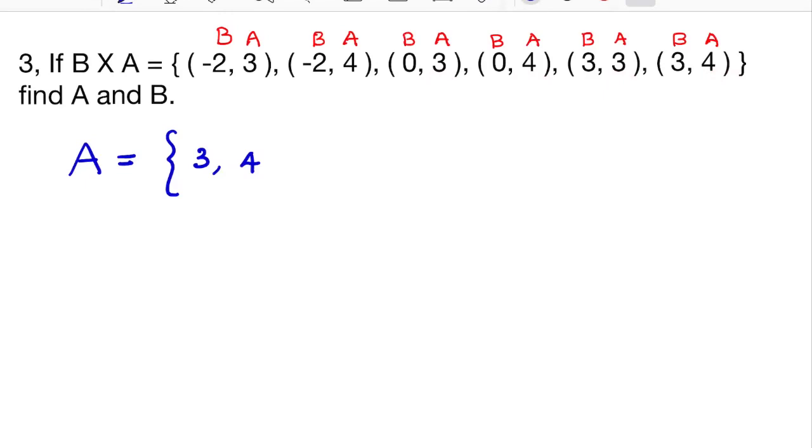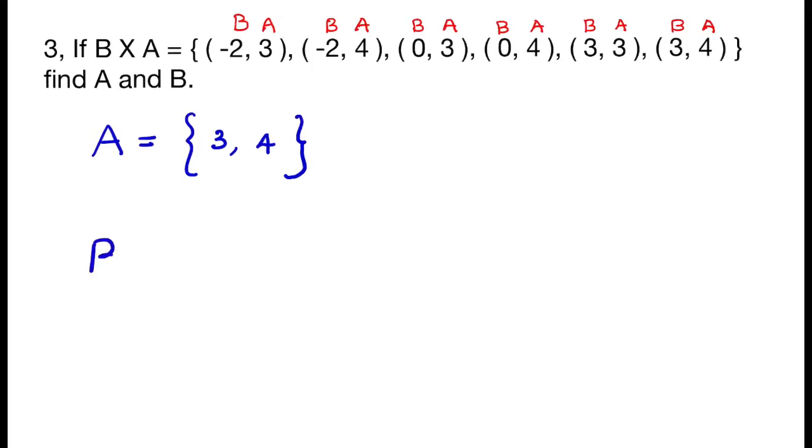So, the elements of the set A are 3 and 4. The elements of set B are -2, 0 and 3.